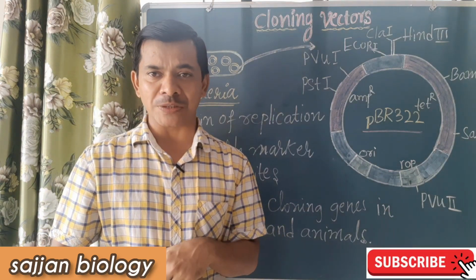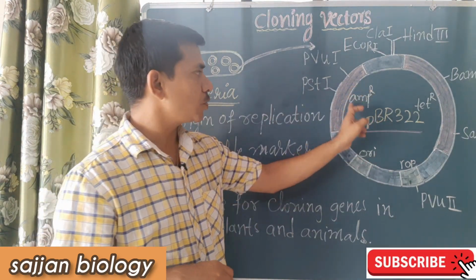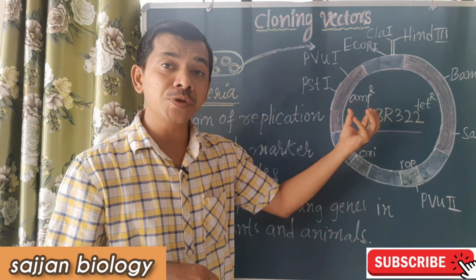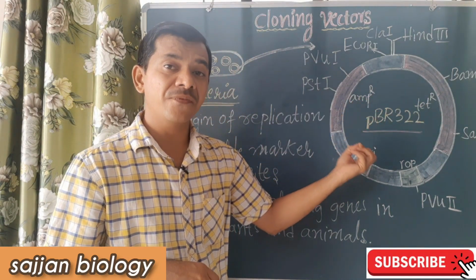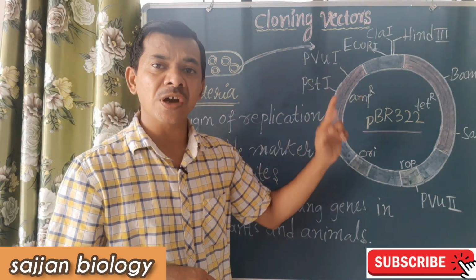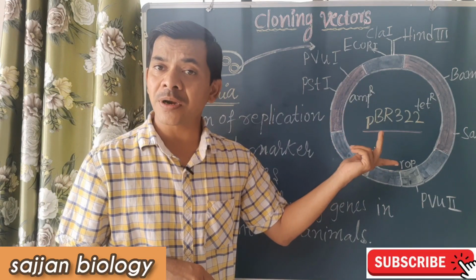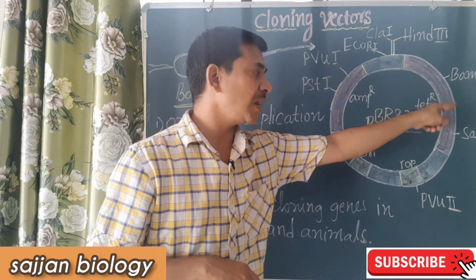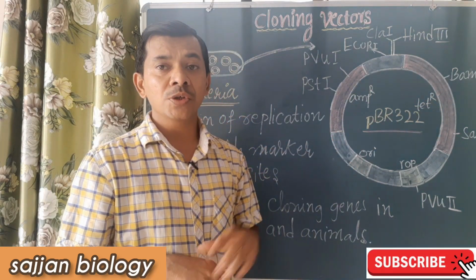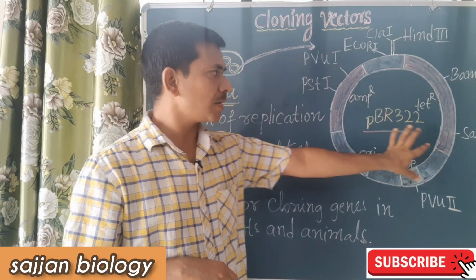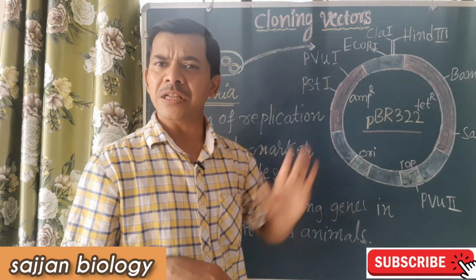And these two, the tetracycline and ampicillin resistance genes, help to identify and eliminate the non-transformants. Which one is the transformant? Which one is the non-transformant? It is very simple. If an alien piece of DNA is linked to the plasmid, it becomes a transformant. If it is only a plasmid, it is a non-transformant.